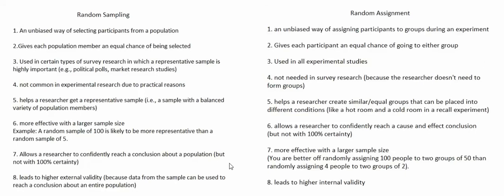Random assignment, on the other hand, leads to higher internal validity. It allows a researcher to have two groups that can actually be compared, and to confidently say that the experimental manipulation is what caused the results, and that the results aren't caused by unknown differences between the two groups of people.